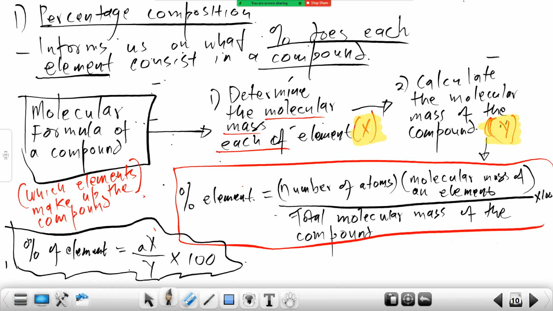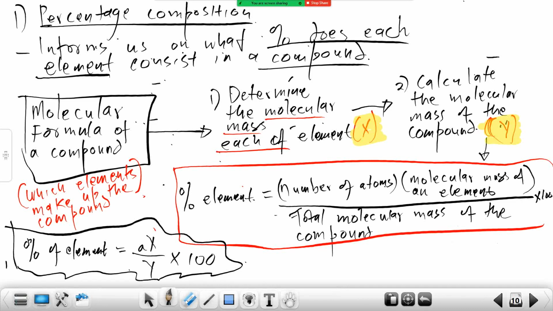Now, depending on mark allocation, I usually say you are reporting to somebody that does not know science. Or if this somebody knows science, it's always nice to explain the science in detail. If you just say 2 multiplied by 56 divided by 185, the question will be, where did you get those numbers?